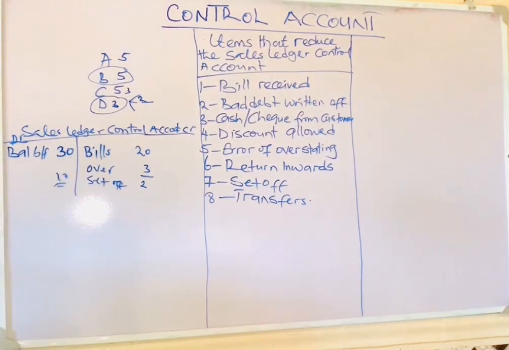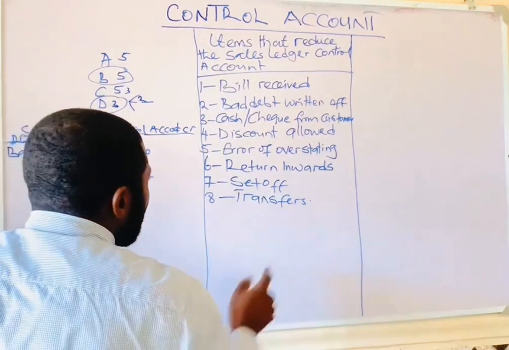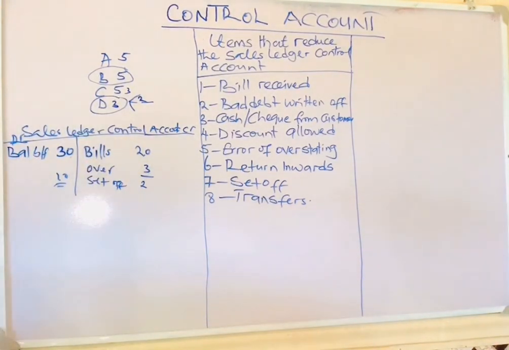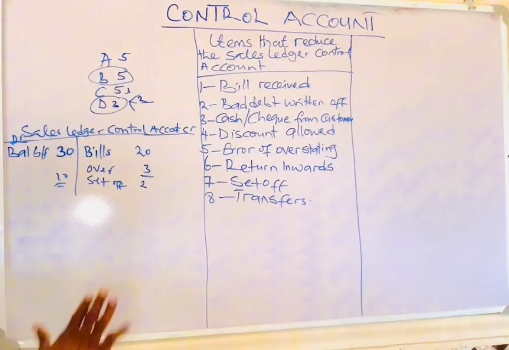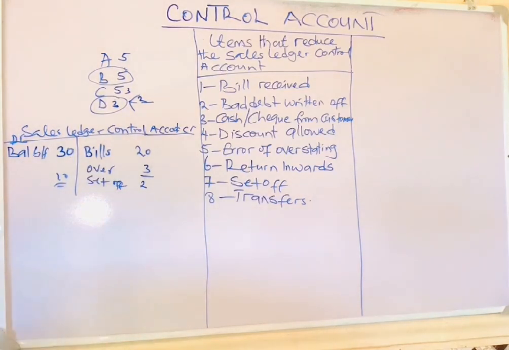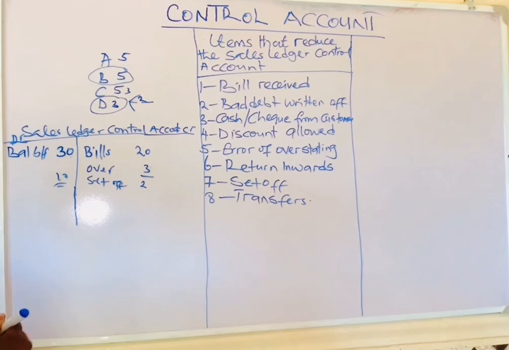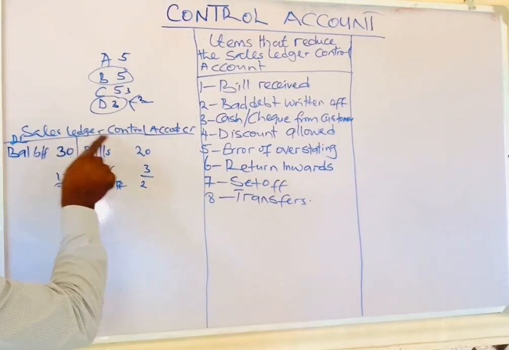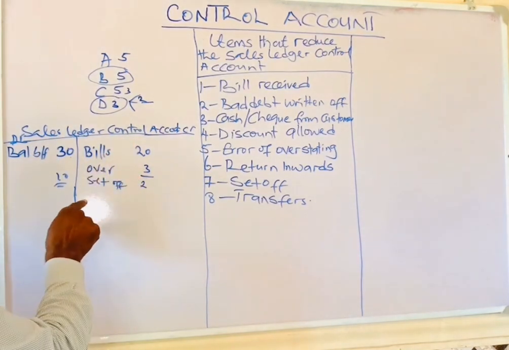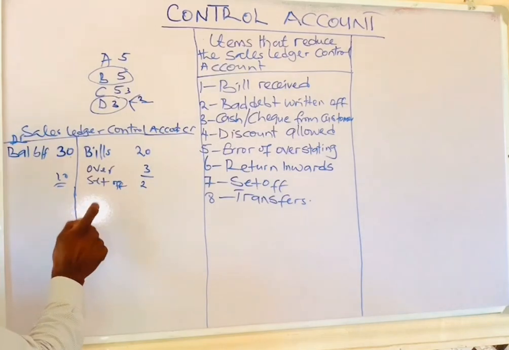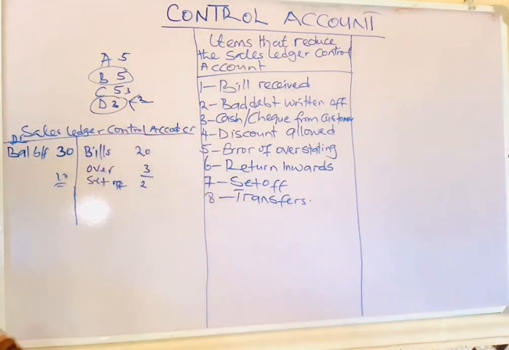As simple as that. So transfer. This transfer is somehow technical. Transfer will affect both sides of the account. Say this is a sales ledger. We are transferring a debit balance to the purchase ledger.